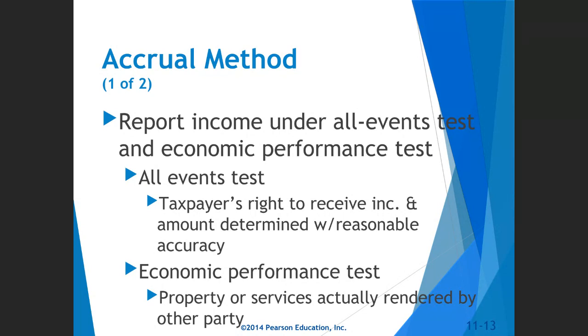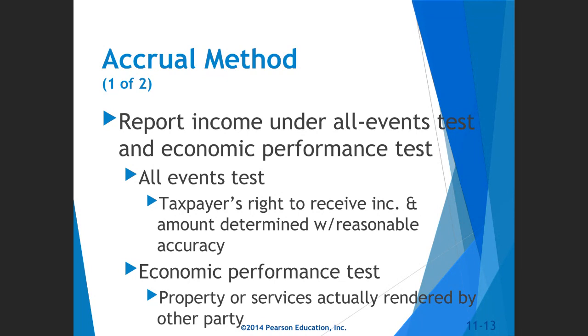Similarly, an expense is deductible when all events have occurred that establish the fact of the liability and the amount of the expense can be determined with reasonable accuracy. For deductions, the all events test is not satisfied until economic performance has taken place.